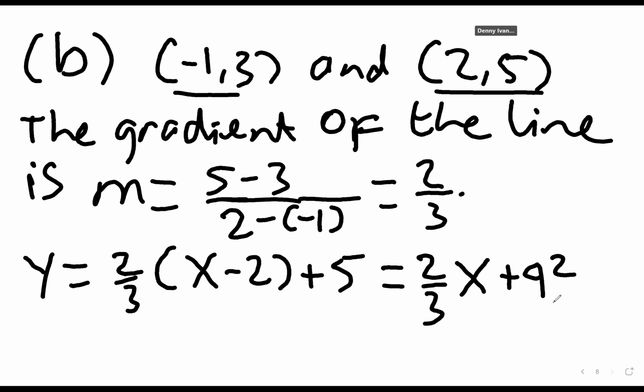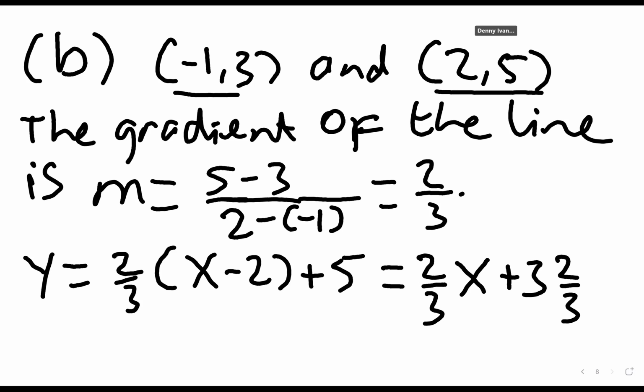Oops, sorry, plus 3 2 over 3. Because 4 over 3 is just 1 over 3, we get this one. All right, we obtain the equation of the line given 2 points on the line. Let's find the gradient, and then once we get the gradient, just choose one of these 2 points and do exactly the same procedure as the previous equation.